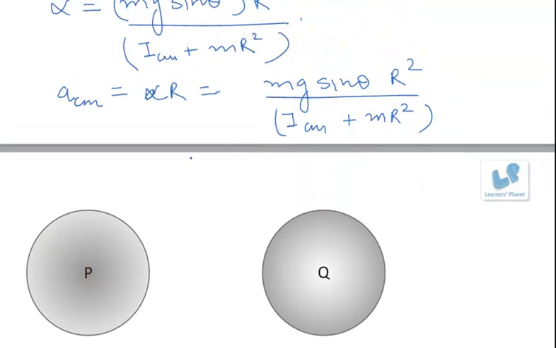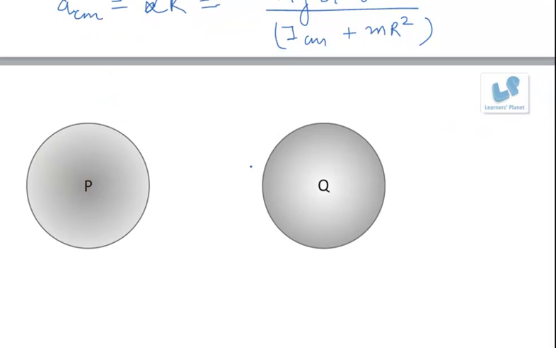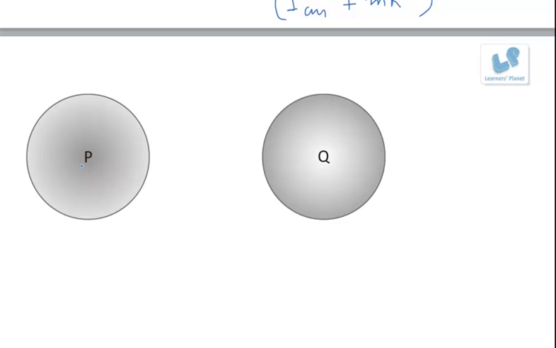Now the moment of inertia, if we wish to compare for the two cylinders P and Q, it is given that cylinder P has mass m and more mass is concentrated near the axis of the cylinder. I'm sorry, it is other way around.